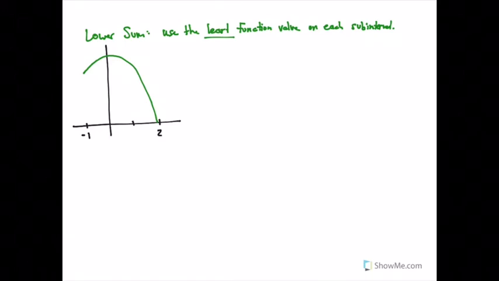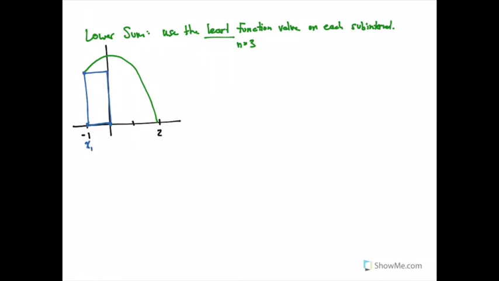So for the least one, we're still going to use n equals 3 in this case. Our x values are going to correspond to, if we think about the interval from -1 to 0, the least function value is going to be at -1. So this is going to be my x sub 1.